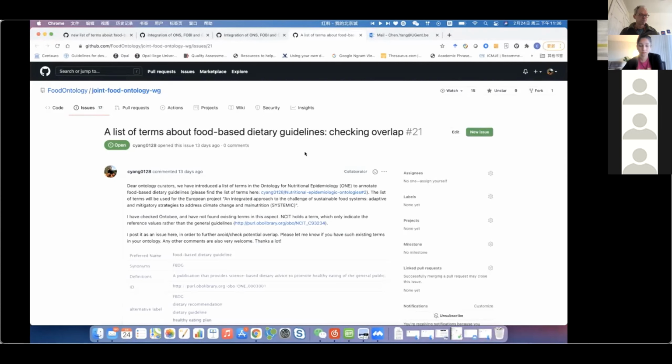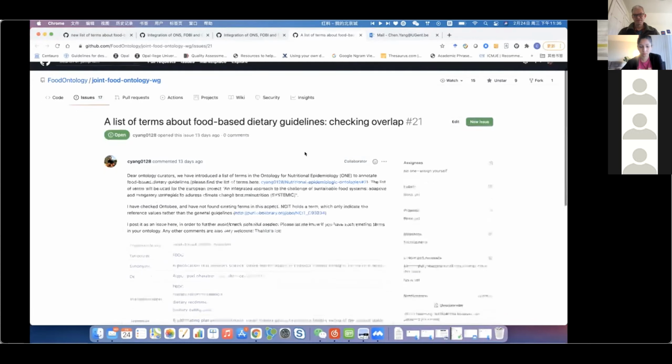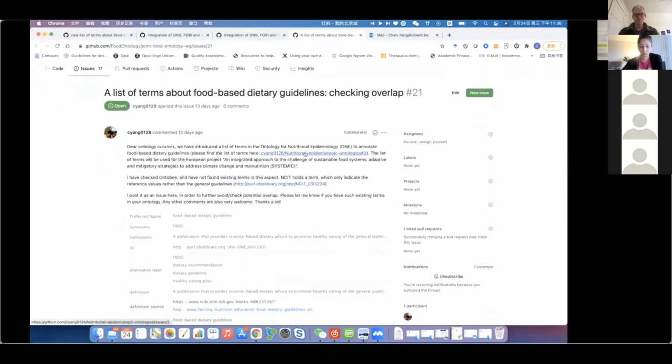I think it's the best way for us to really integrate different kinds of ontology and to avoid the misuse of ontology terms or the wrong choice of terms over different ontologies. So, okay, here I have given a short introduction of the main changes of the ontology for nutritional epidemiology.